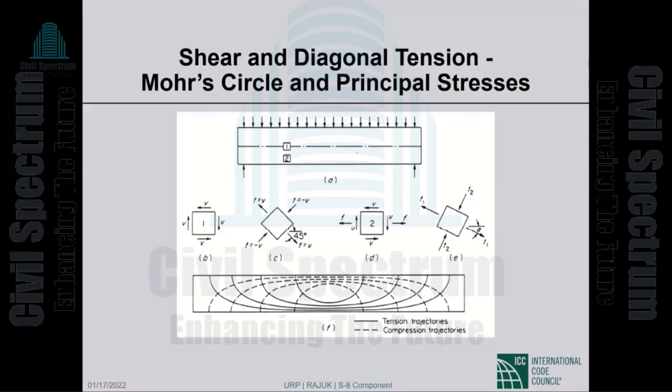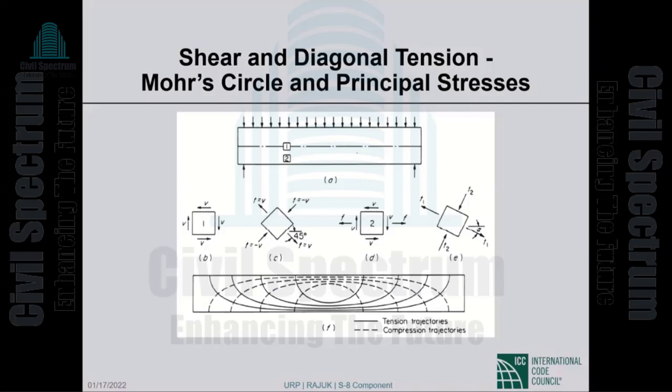The inclined cracks that will result from the diagonal tensile stresses must be contained by providing suitable reinforcement. So that's what shear design of concrete beams is all about. I want you to understand it. I want you to retain it for all time to come, and that will stand you in good stead.